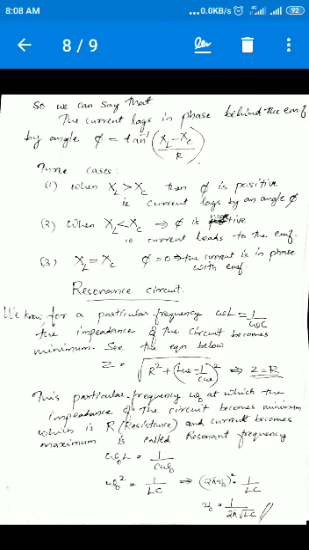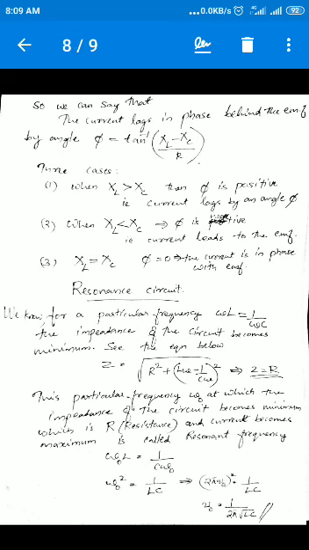So we select that frequency omega such that L omega becomes equal to 1 by C omega. Then what happens? The effective impedance will be minimum, isn't it? So L omega minus 1 by C omega will be 0. So the minimum impedance will be offered by the LCR circuit.